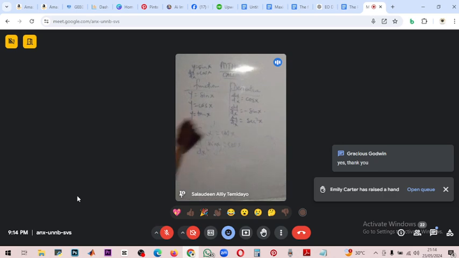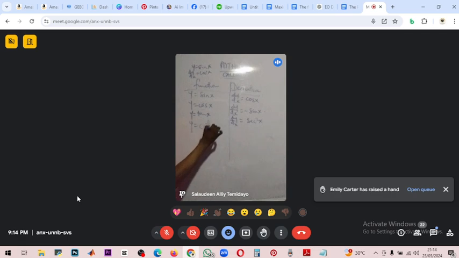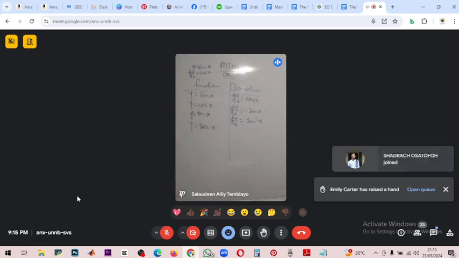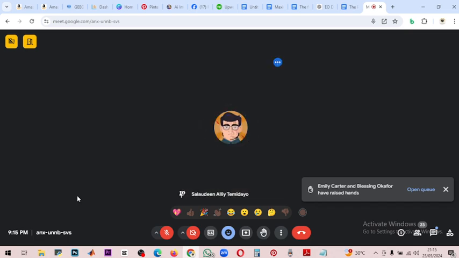So let's proceed. When y equals tan x, we have dy/dx equal to sec squared x. So now tell me, when y equals sec x, who is going to tell me the dy/dx?